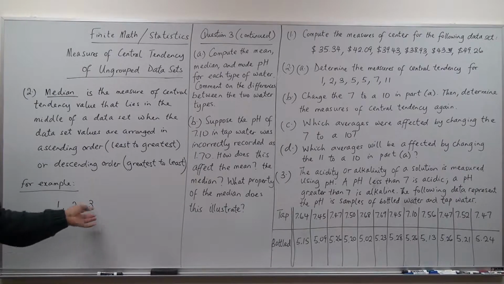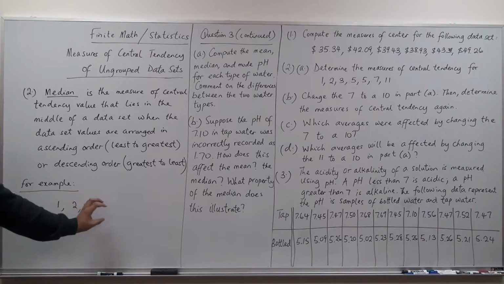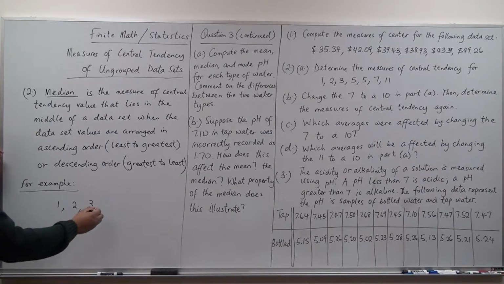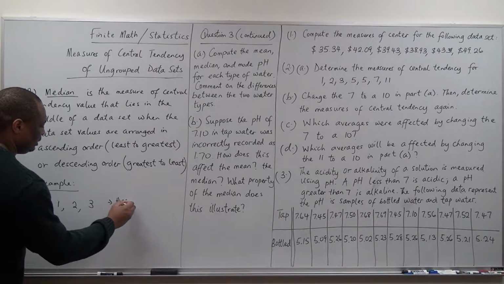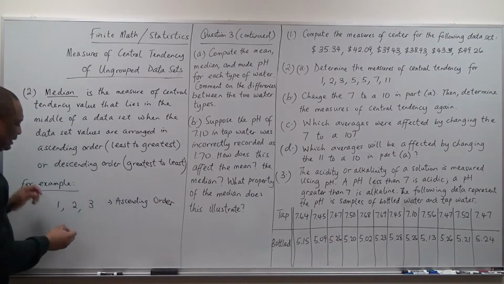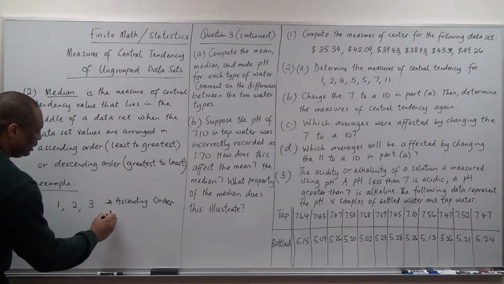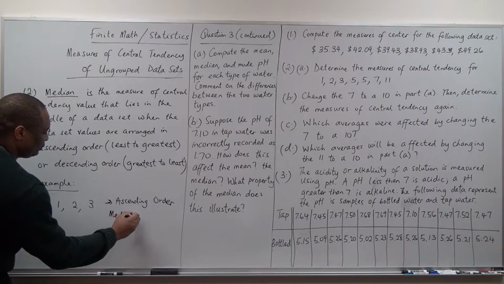The size of this data set is 3. The first value is 1, the second value is 2, and the third value is 3. It is arranged in ascending order. What is the middle value here? The middle value is 2. So that tells you that the median is 2.